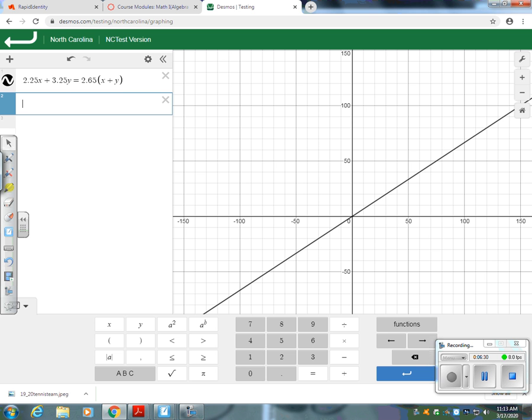Then we're going to go down to the next line, and the mixture of the nuts is worth 35 pounds.